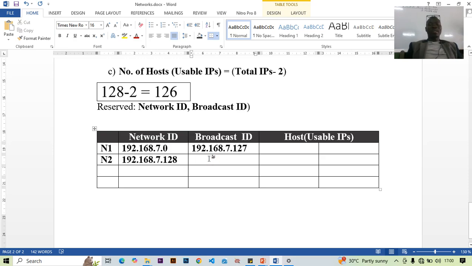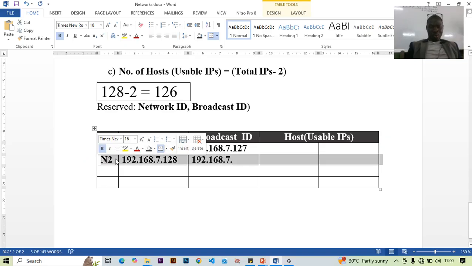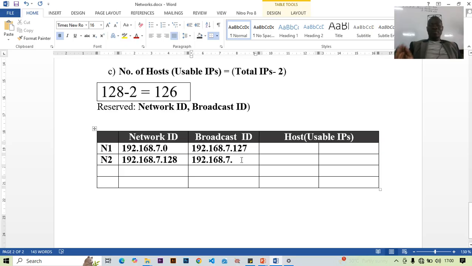Therefore, how do we get the broadcast ID for network 2? The broadcast ID for network 2 will simply be, since it is the last network within this given IP address, the last broadcast IP address of that whole general network.